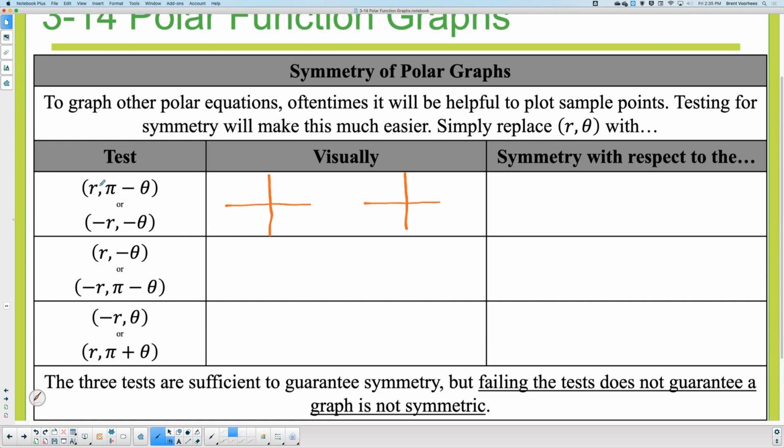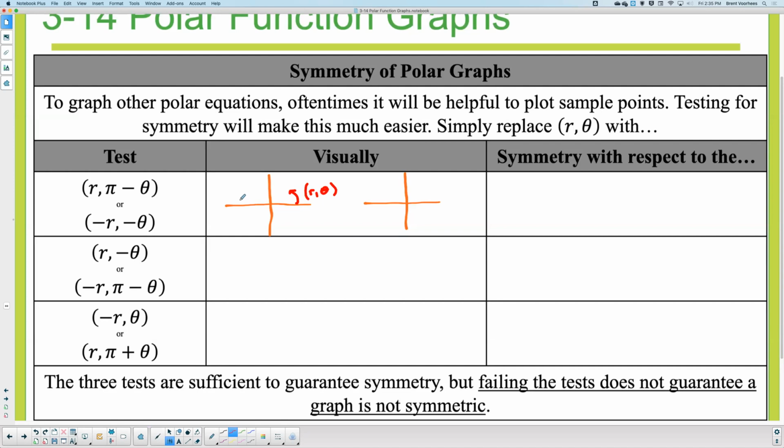Okay, here's what this is saying. If you started with r comma theta, I'm just going to put going this way. That is r comma theta. And now what you do on a test is you replace in the equation r with r, but the theta becomes pi minus theta. So normally theta goes counterclockwise. You know how theta normally moves this way? What this is saying is you start from pi and you subtract theta.